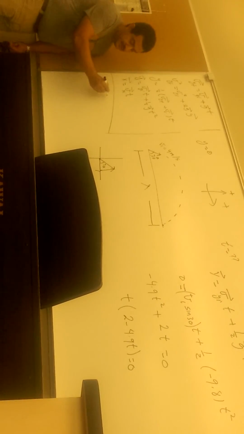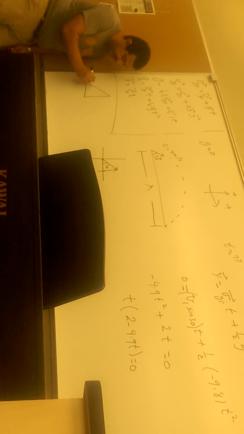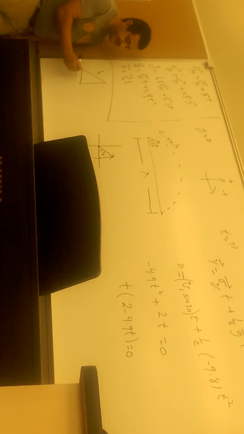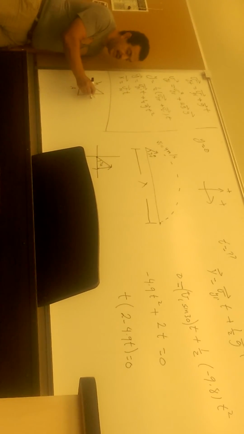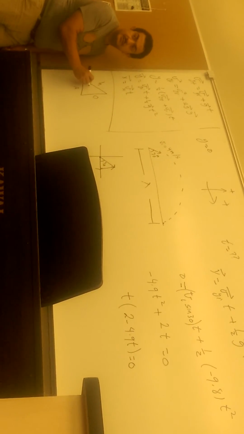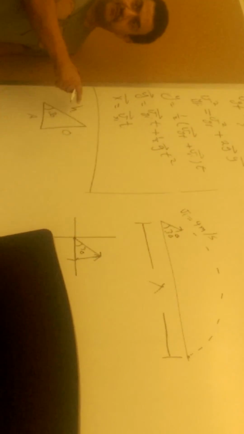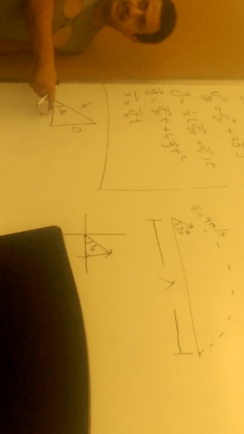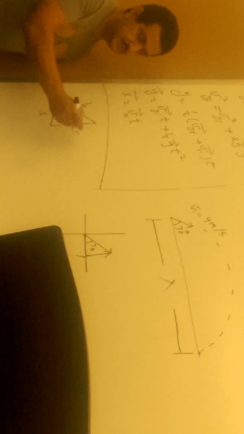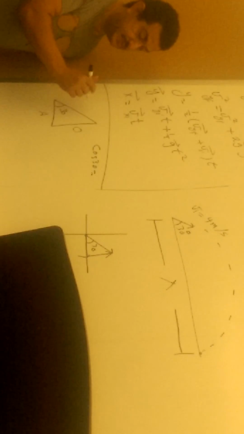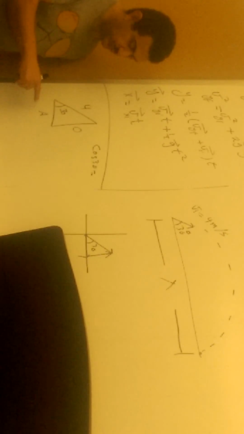Now this is a 90-degree triangle. If you know the hypotenuse and the angle, could you find the adjacent side and the opposite side? You do that by saying cosine 30 is A over H. I know H, I know 30, I can find A. Cosine 30 equals A over H, let's assume this is 4.